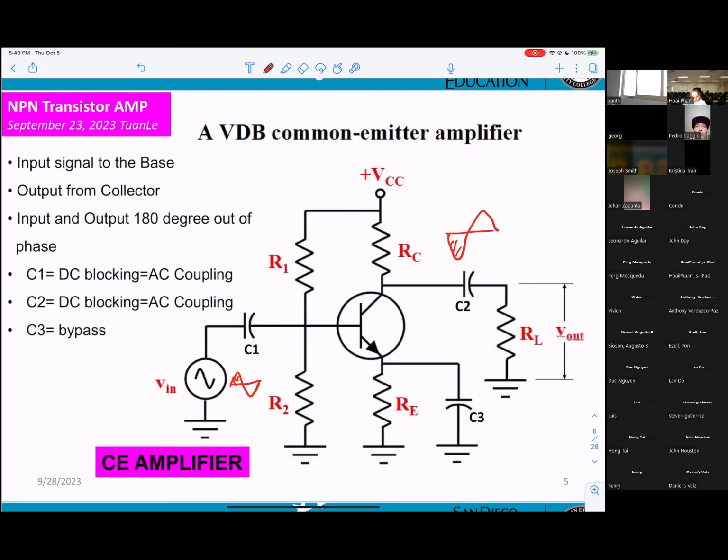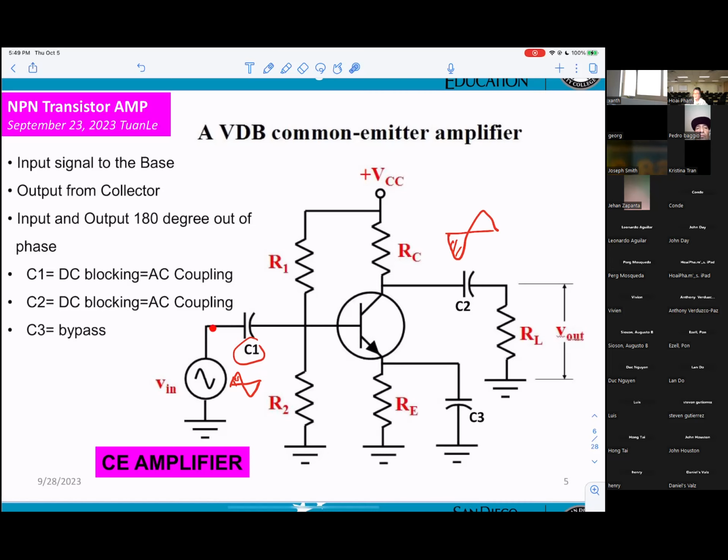Now, see what the name of the C1 is. By definition here, C1 is a DC blocking or AC coupling. Try to see what that means. The signal coming in, this is your voice coming here.